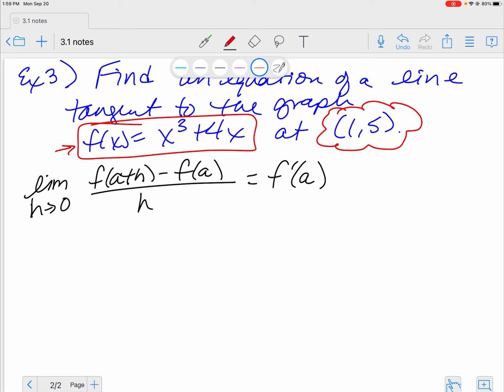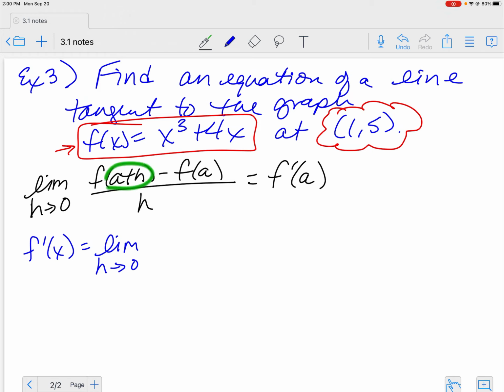All right, so we're going to do f prime, and I'm going to write x in here, f prime of x, because I want to find this particular derivative. So I'm taking the limit as h approaches 0 of, now remember, I'm using x into both variables.